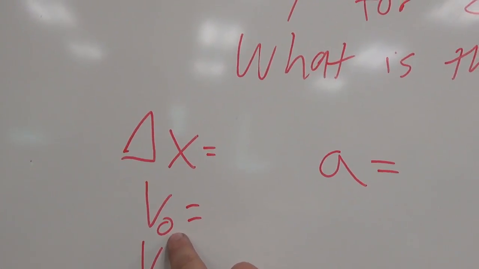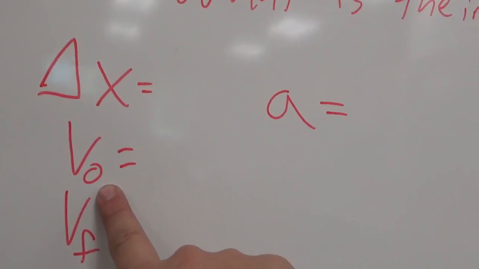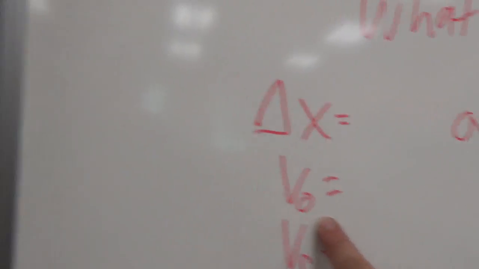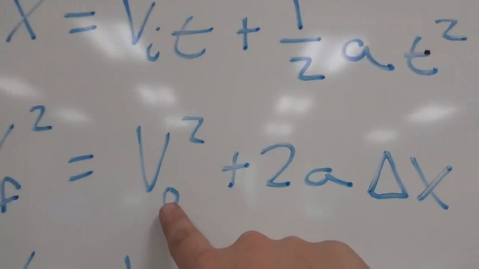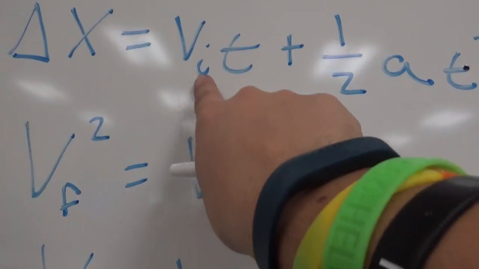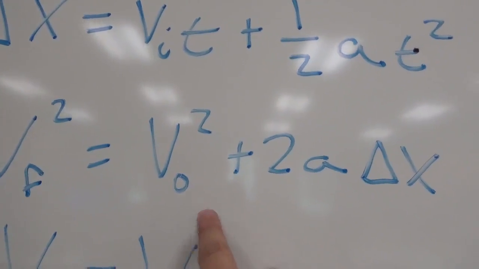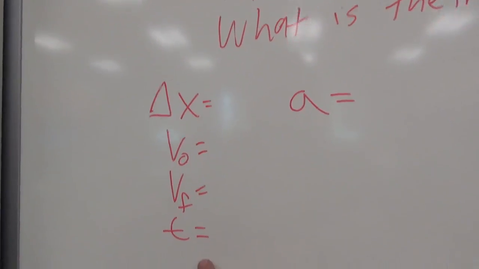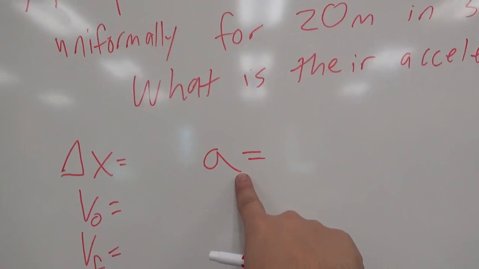V with that 0 on the bottom, that's what we call like V naught. Some people call it that. It just means initial velocity. So if I were to go to right here, and these two mean the same thing. These two both mean initial velocity, the two symbols. Okay. So our final velocity and our time and our acceleration.